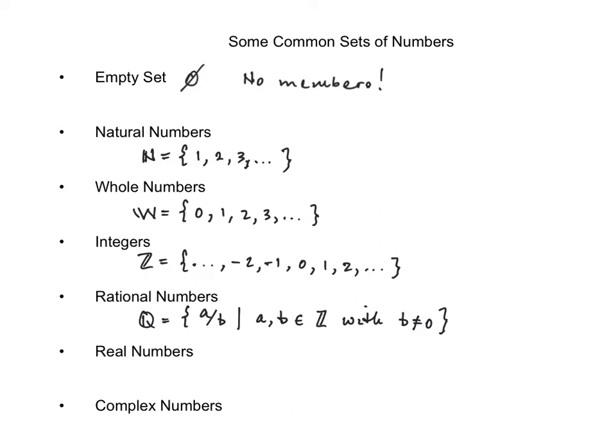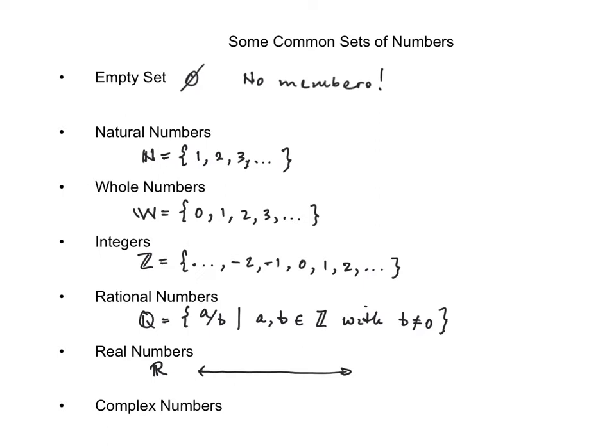The real numbers are denoted by R. Remember, that's our continuum, our number line, consisting not only of the rational numbers, but also of other numbers like pi and e and the square root of 2 and things like that.